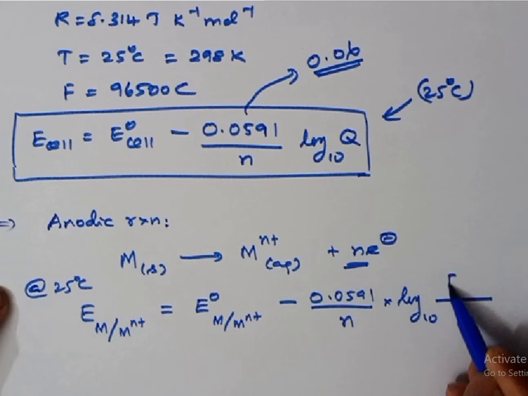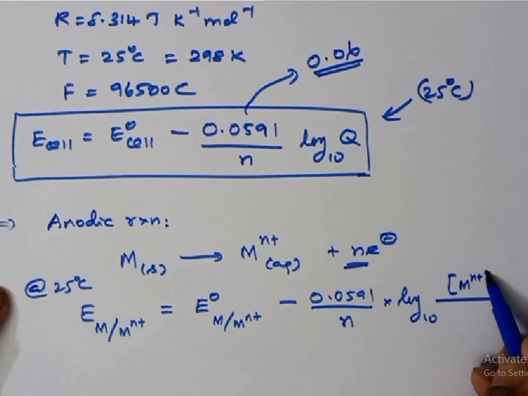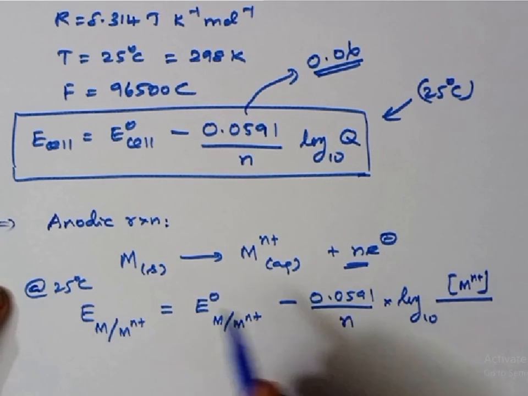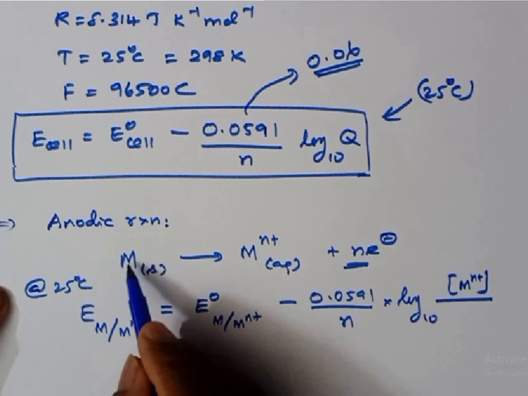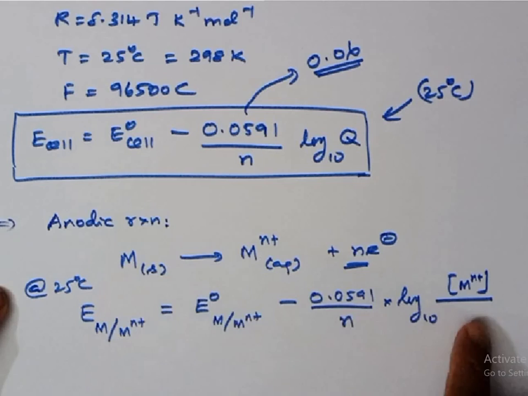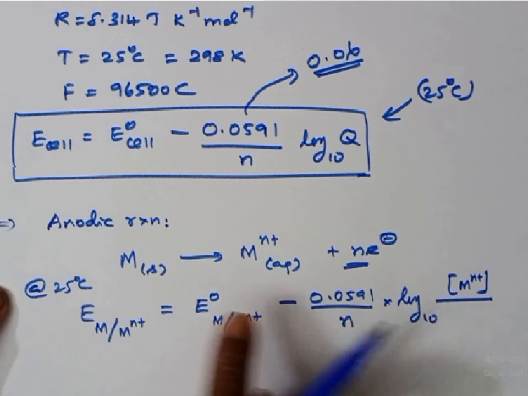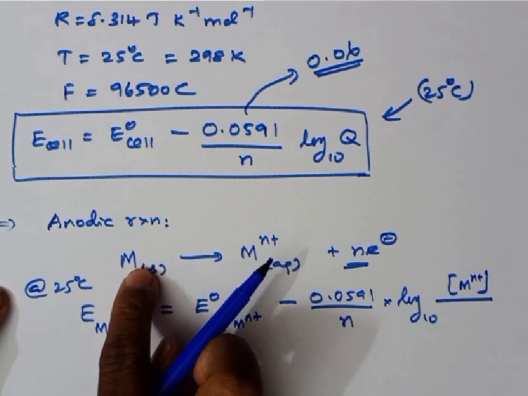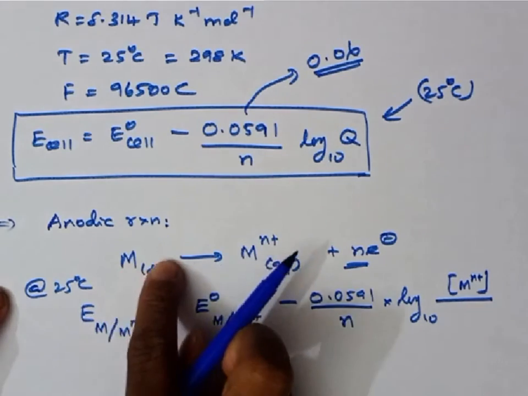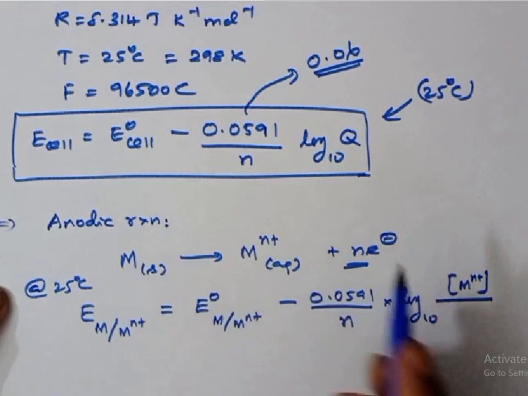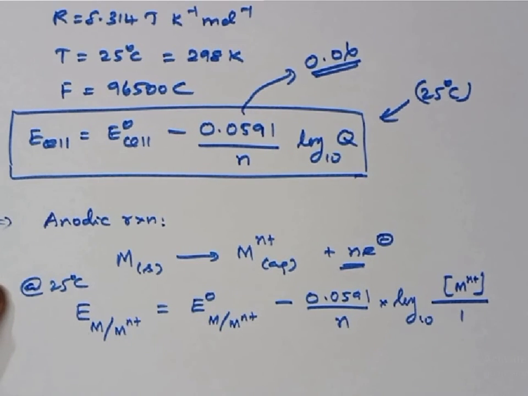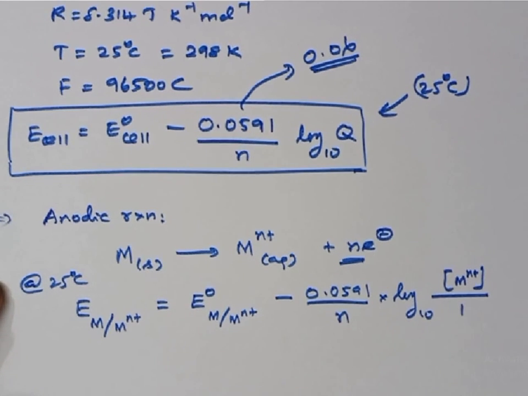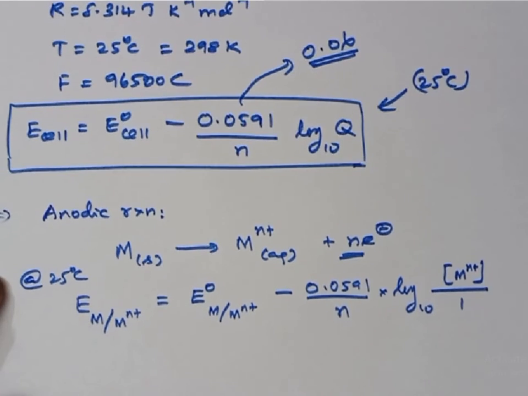So you can take the concentration of that ion, and in the denominator we should put the reactant concentration, since on the left hand side we have the reactant. But whenever the reactant exists as a solid, you can assume that concentration as 1, because the concentration of a solid is very, very high, so we normally take it as 1.